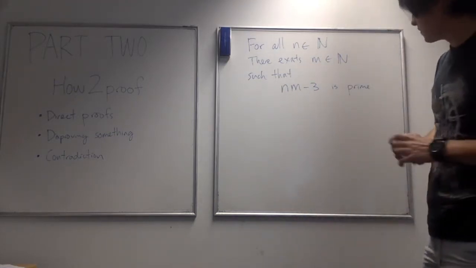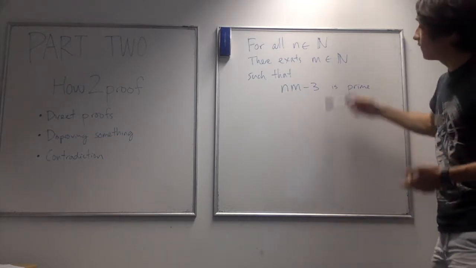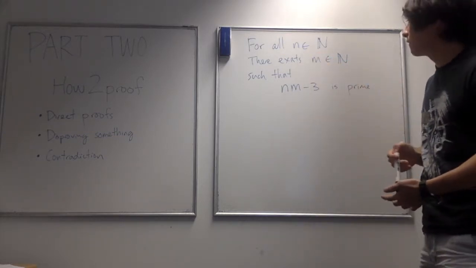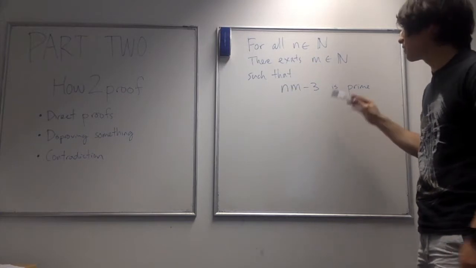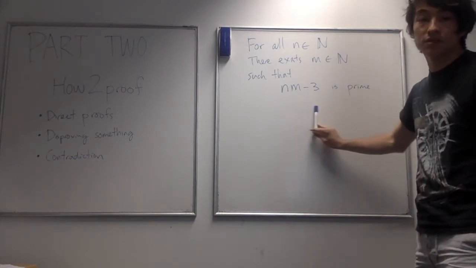So for every natural number n, you can find some other natural number m so that nm minus 3 is prime.